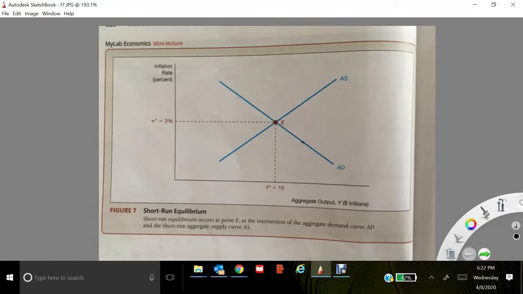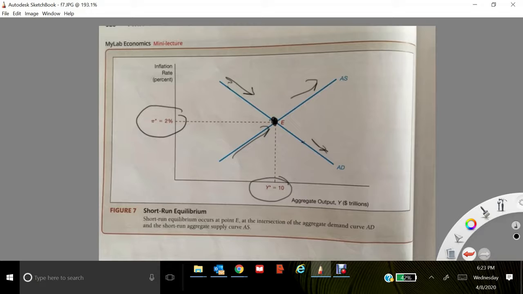Okay, so now we're up to page 528, looking at figure 7, and what we've done here, we've taken one aggregate demand curve and one aggregate supply curve, put them together, and we have an equilibrium point at a certain output level and a certain inflation rate. Okay?